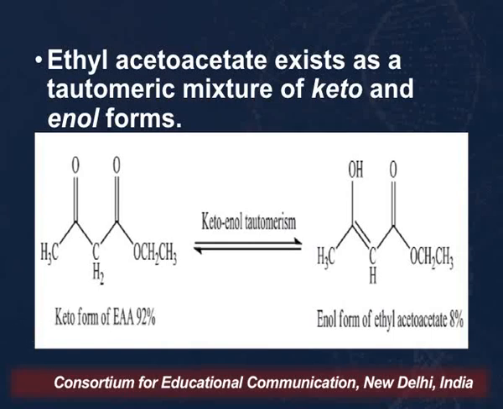Say for example, we add a reagent which reacts with the ketonic form. Then the entire system will behave as though it is made up of only ketonic form, because as soon as the ketonic form reacts with the reagent, the equilibrium will be disturbed, and more of the enolic form will be converted into keto form to re-establish the equilibrium, that is 92% of the keto form and 8% of the enol form.